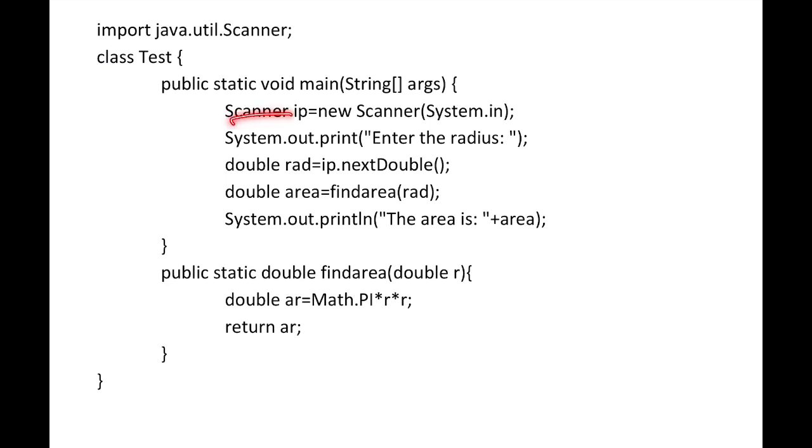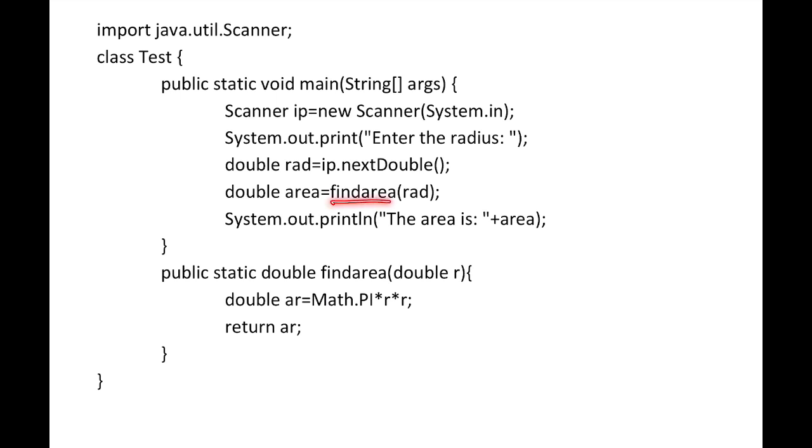We have already discussed these things. System.out.print, enter the radius. Now rad is the variable that is going to store the input from the user. Now double area equals findArea(rad). So findArea is the name of the method and rad is the argument.